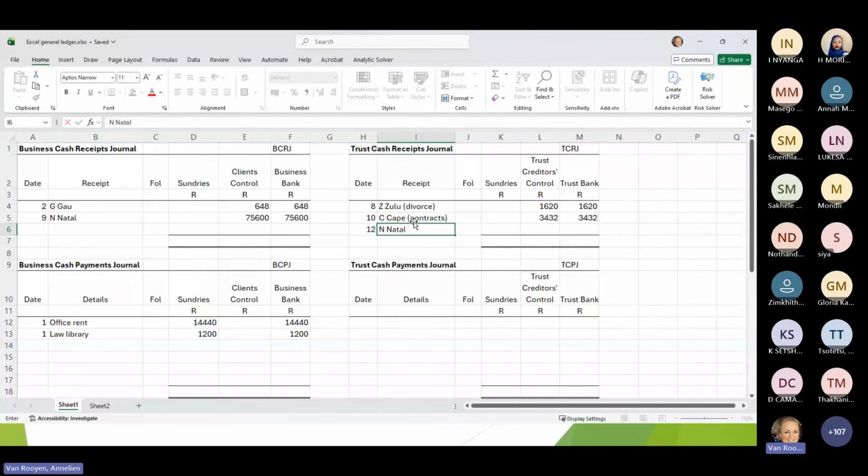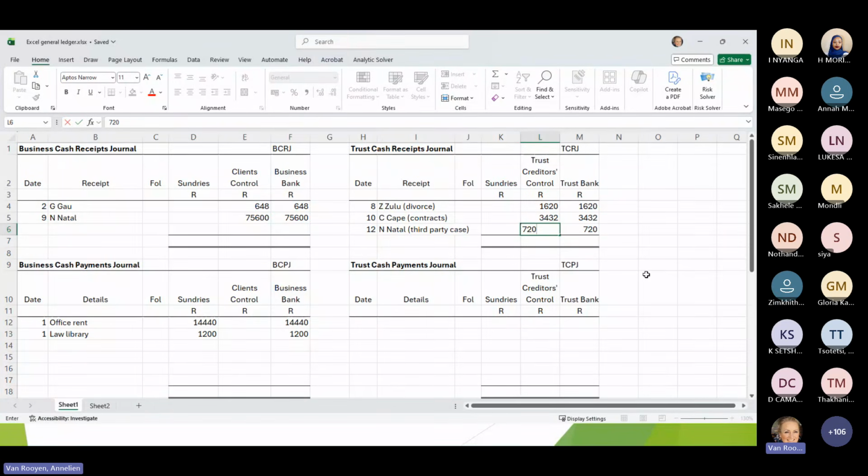There's not much more there in the question. And we get 720 from him, and he is a trust creditor. All clear? All happy?